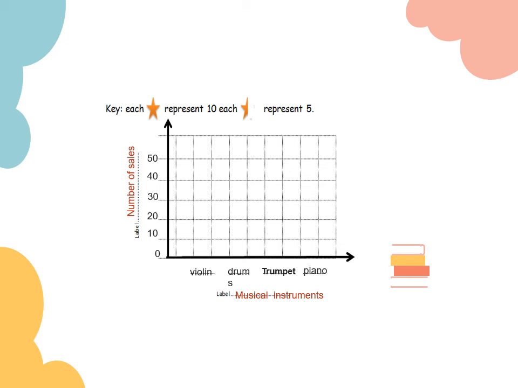How many violins were sold? 45. Excellent. And the drums? How many were sold? 30. Yes. And the trumpet? 25. Make it like here between 20 and 30 because it's 25. Piano? Only 10. Do you get it, primary 2? Excellent.